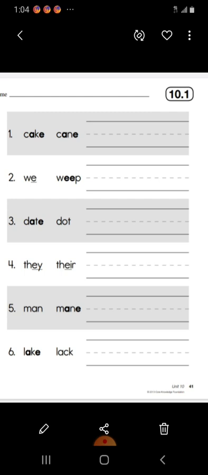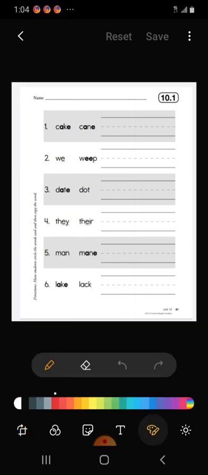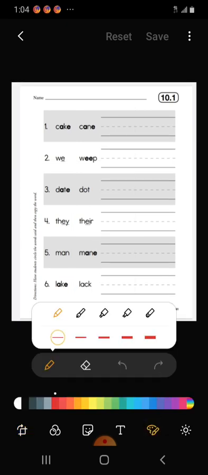Cane is a piece of stick that can be used as a working aid. Alright, now let's go ahead and circle them and write them out.